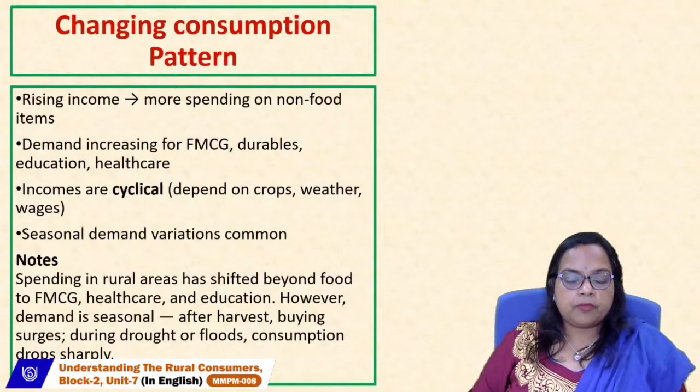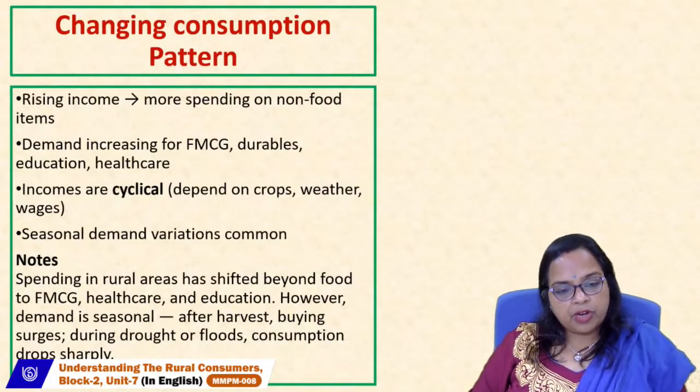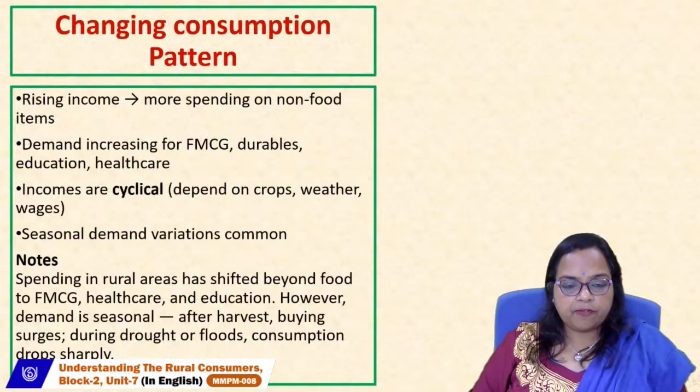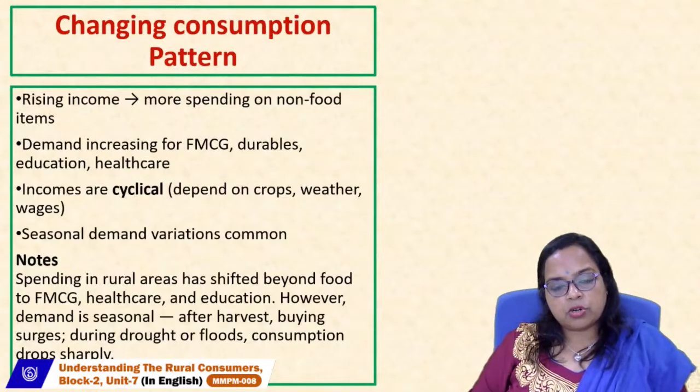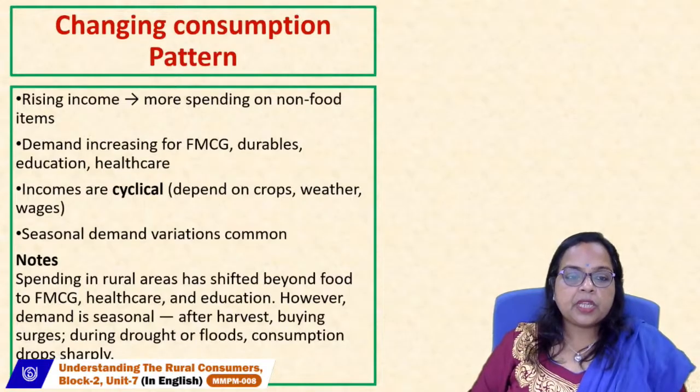It is quite clear. When they have more purchasing power, they go for higher purchases. When they don't have money, especially during a flood or drought situation, they are not purchasing. So consumption drops sharply. Incomes are cyclical depending on crops, weather and wages.